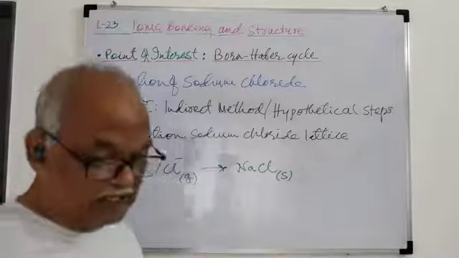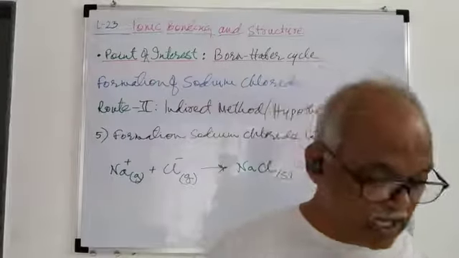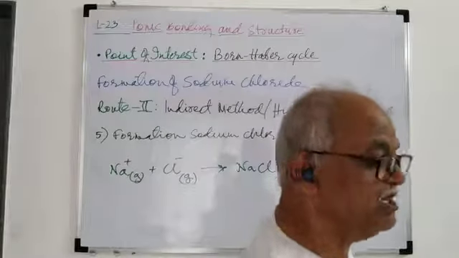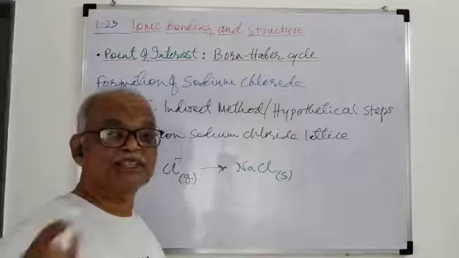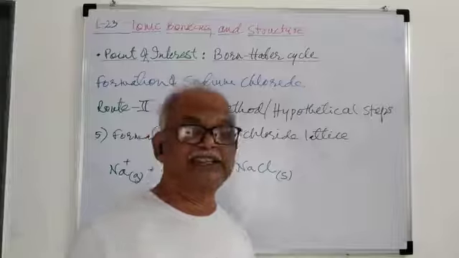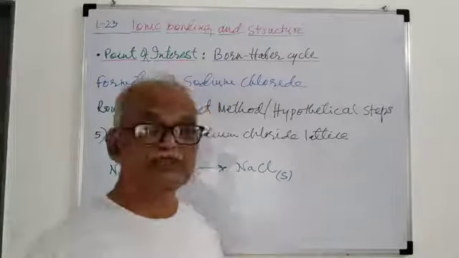Here this NaCl also exists in the ionic state, that is the Na plus and Cl minus. When we see the structure, this NaCl exists as cation and anion in the ionic state. So we are showing this NaCl in solid state.